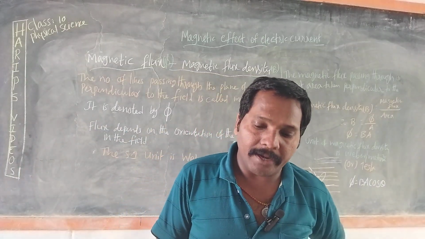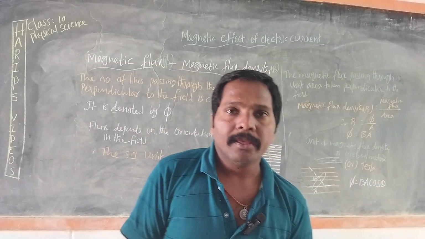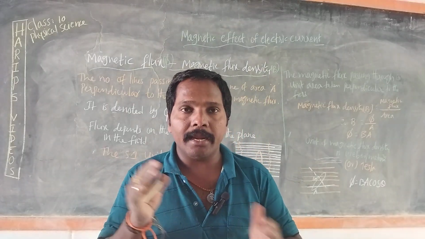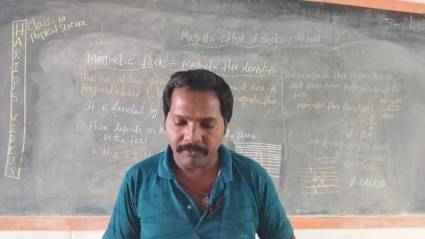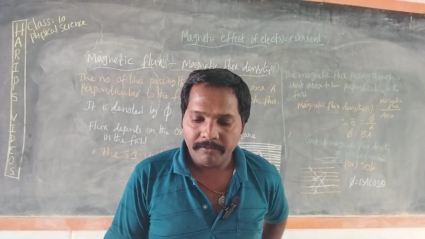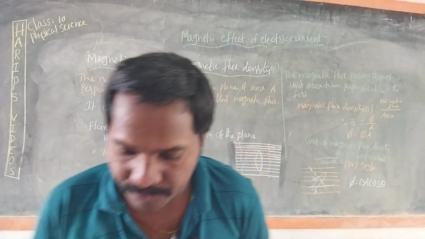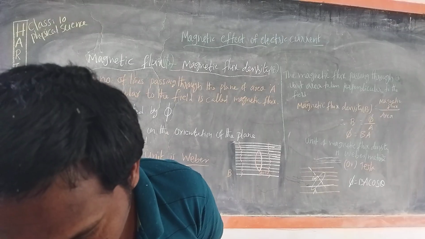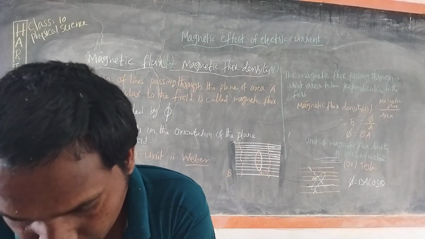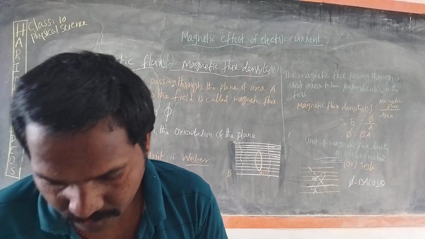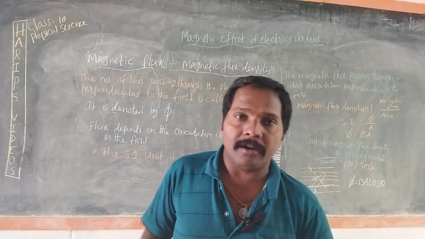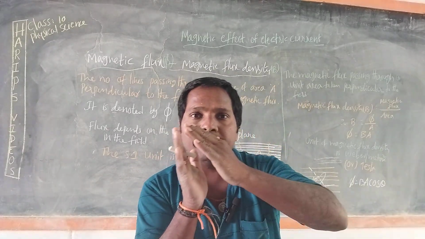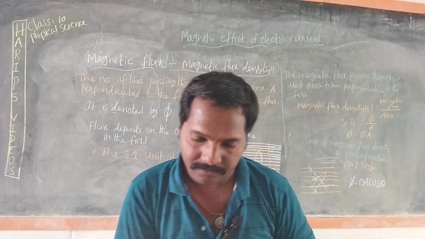The axis of the Earth's magnetic field is inclined at an angle of 15 degrees with the geographical axis. So the axis of the Earth is tilted 15 degrees.